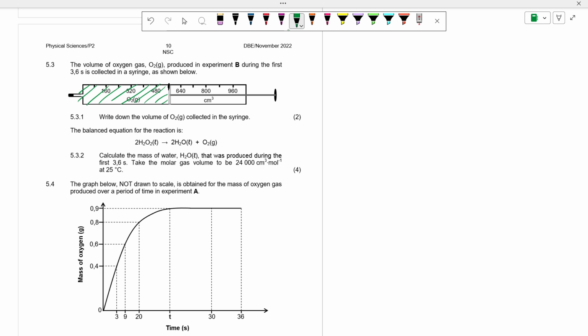5.3.1 says write down the volume of O2 collected in the syringe. So what is the volume that we read there? We have to find the difference. Everyone else, you can feel free also to interact. It's for everyone.